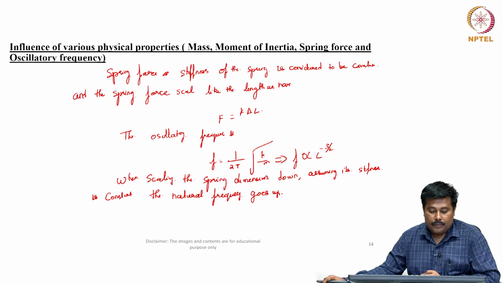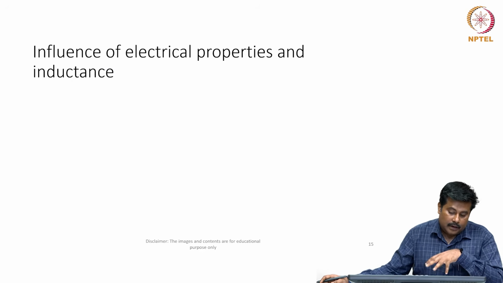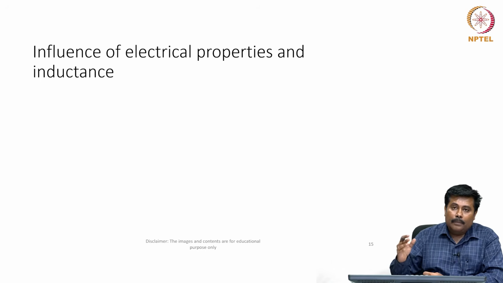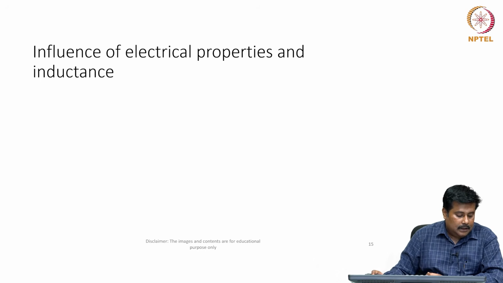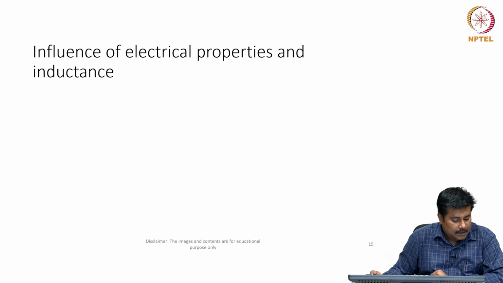Now, let us take the influence of scaling effect with reference to the electrical properties as well as the inductance properties. The same methodology can be applied to any property that involves physical dimension.